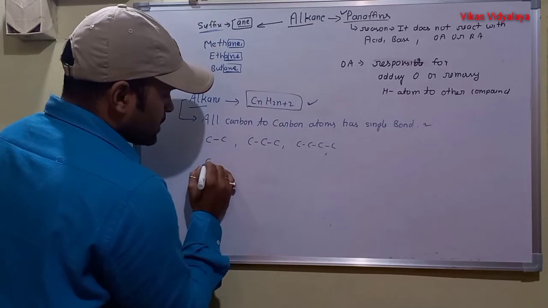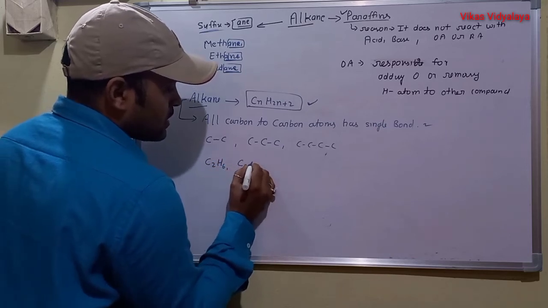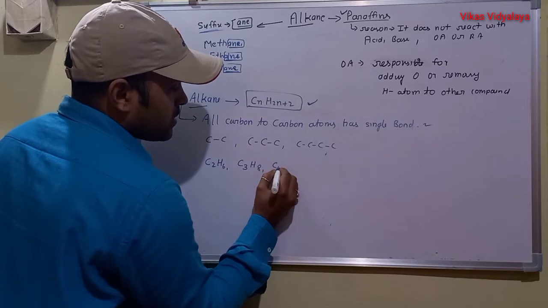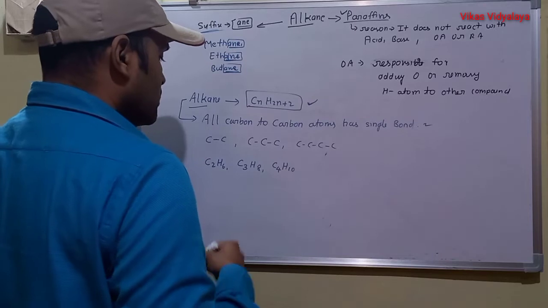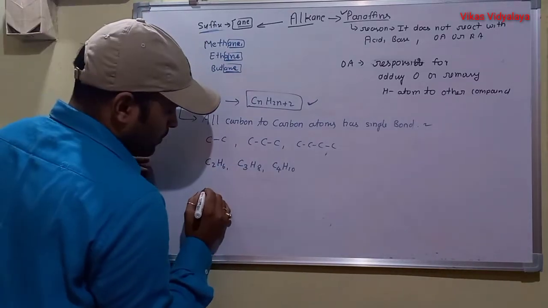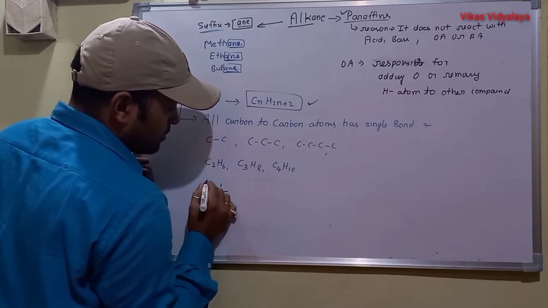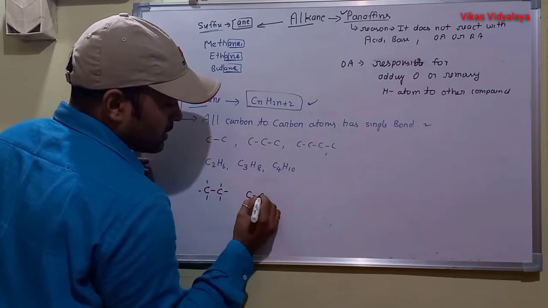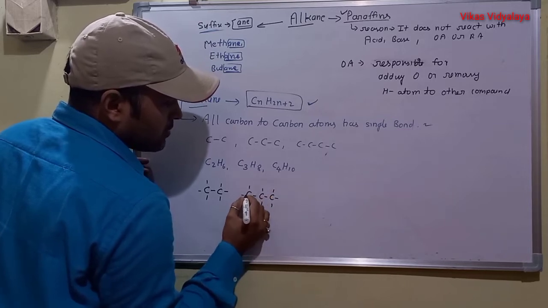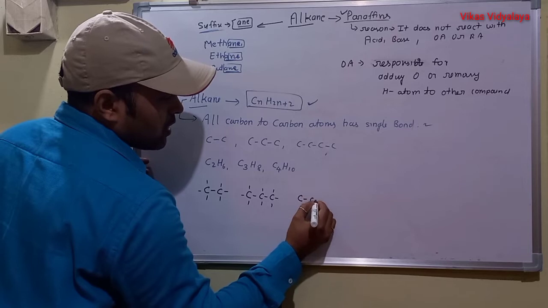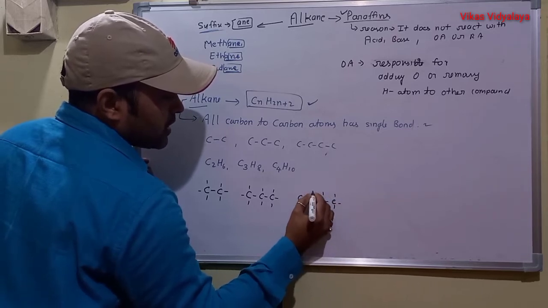I will take examples like C2H6, C3H8, C4H10. If we draw the structure, here there will be 6 hydrogen, here 3 carbons, here 8 hydrogen atoms, here 4 carbon atoms, and the hydrogen atoms will be 10.